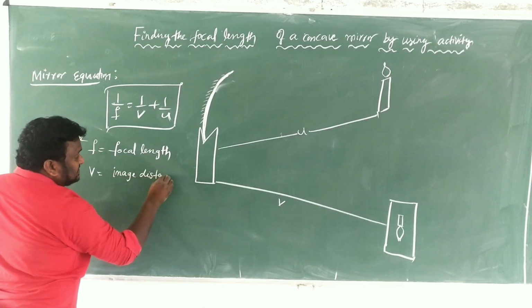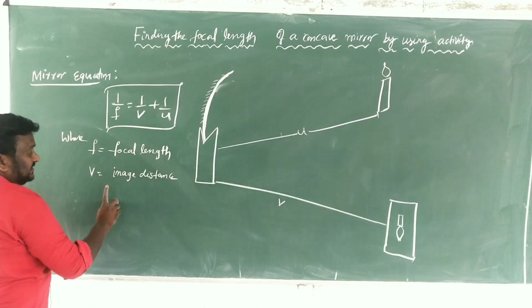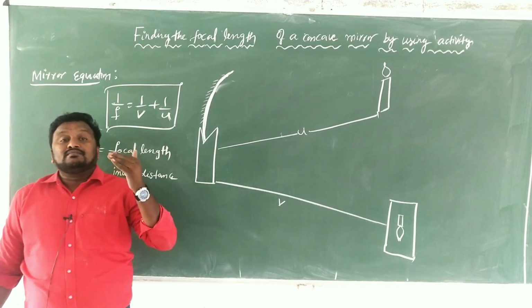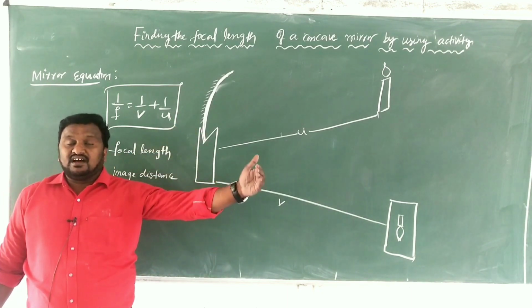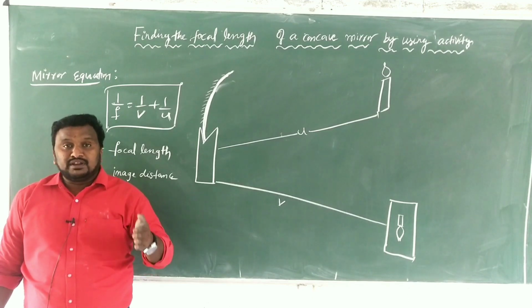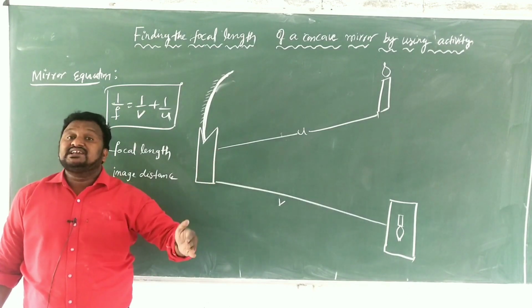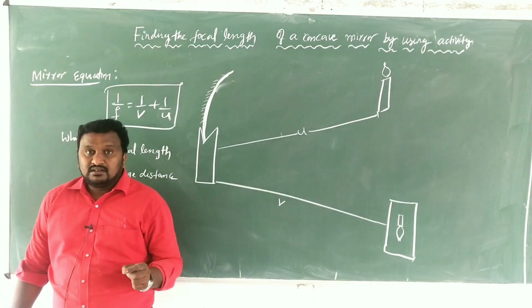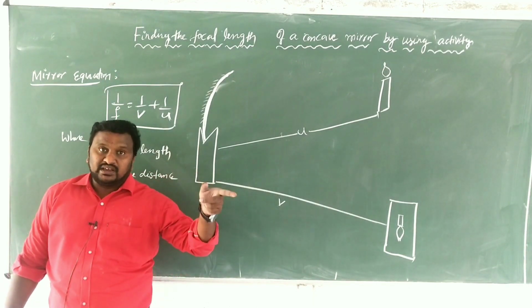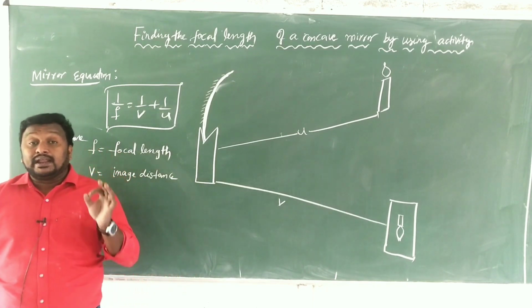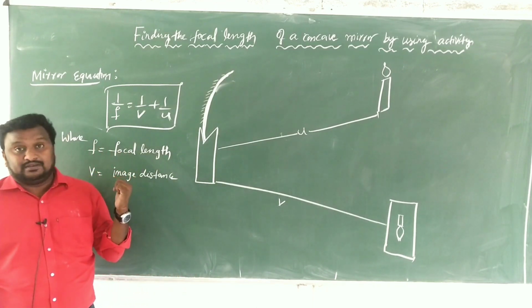The distance between the mirror and the screen or image. The distance between the pole of the mirror and the image is called the image distance, and it is represented by the letter v.